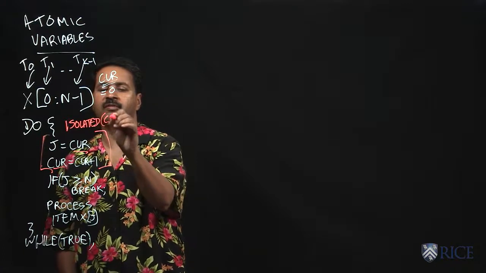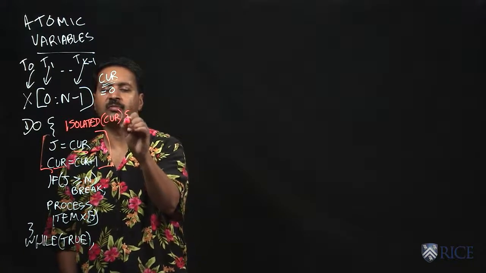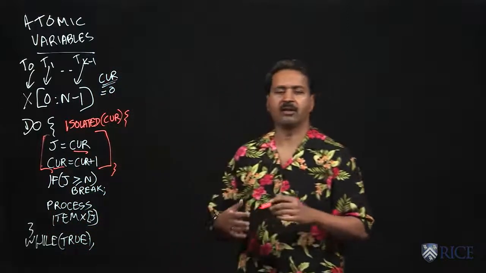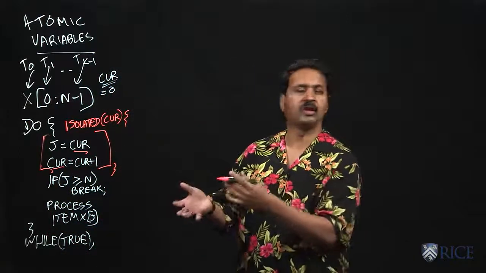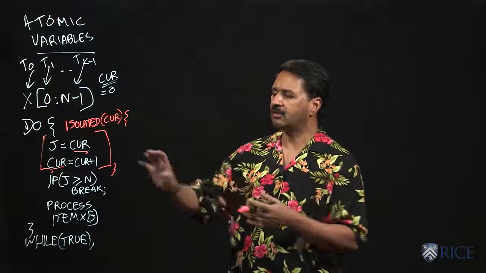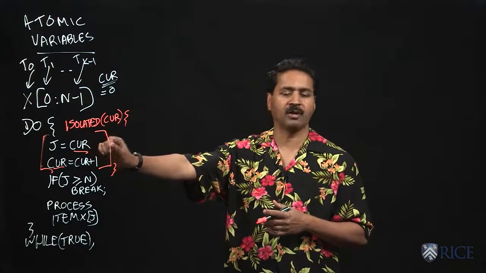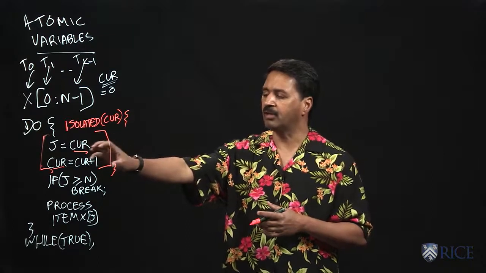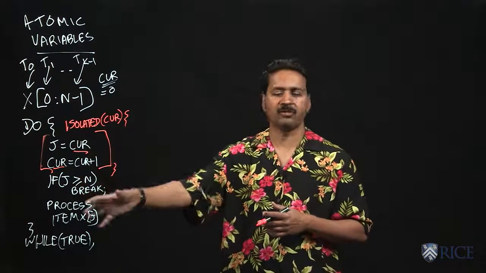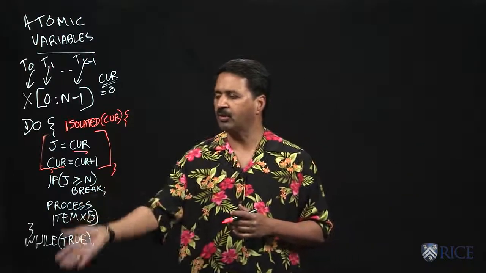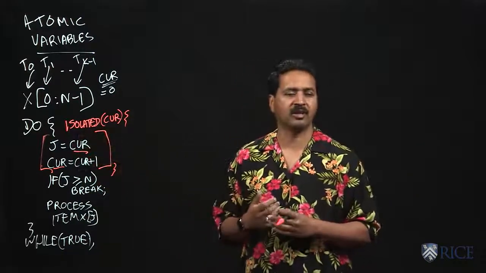So if current were an integer object, you could make this isolated on current. And the advantage of using isolated over here is the threads will only execute this little logic in trying to figure out the index j in mutual exclusion, and the actual processing of the work items can go on in parallel. And when they're done processing one work item, they can go back to get the next item.